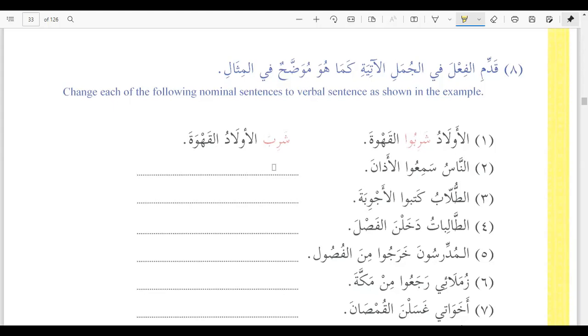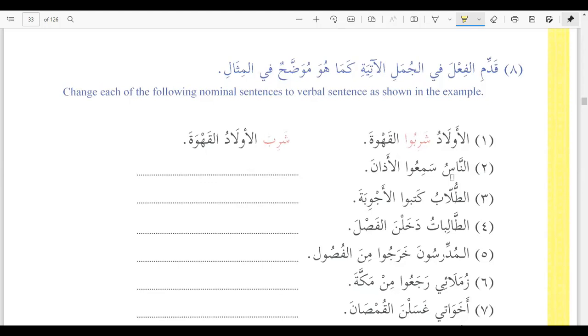The kids drank the coffee. The children, this is not kid, this is children. The children drank the cup of coffee. Yes, sir. The children drank the coffee. Okay. Yes. The boys drank the coffee.